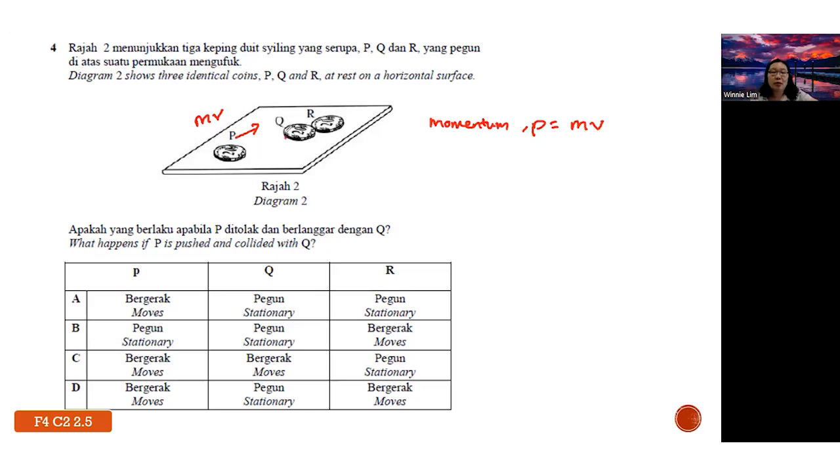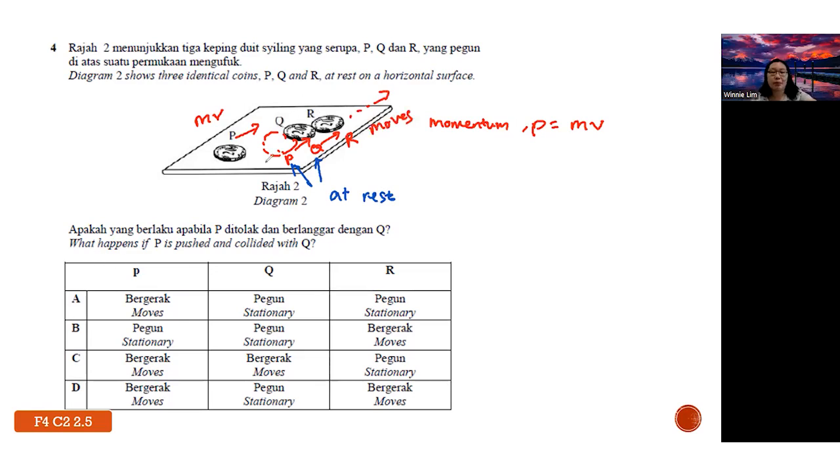So the moment P knocks Q, it will transfer its momentum to Q. But at the same time, because beside Q there is another item R, Q will also transfer its momentum to R. So what will be observed here is that, because the total momentum has been transferred to object R, P and Q will remain at rest, stationary, while R finally receives the momentum, so it will move.